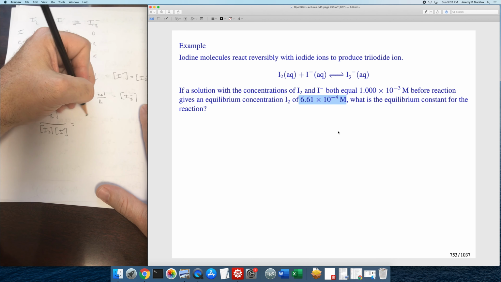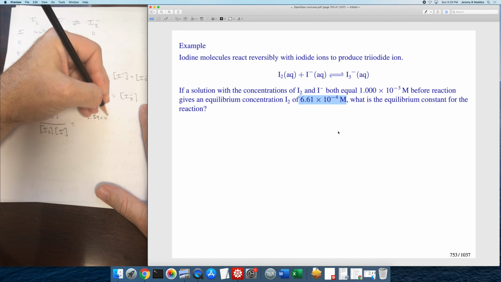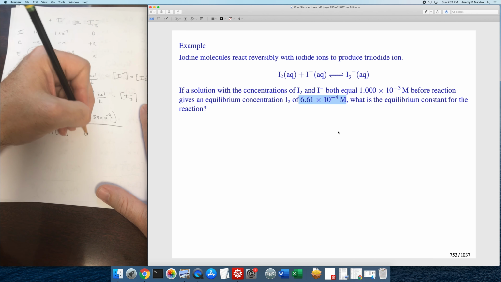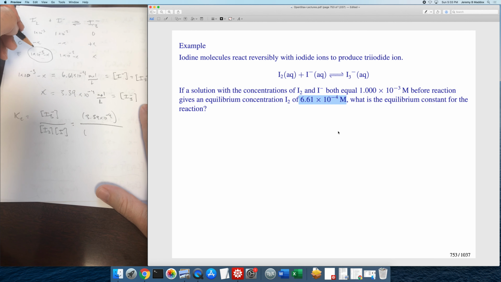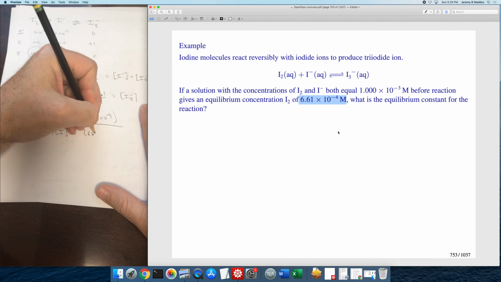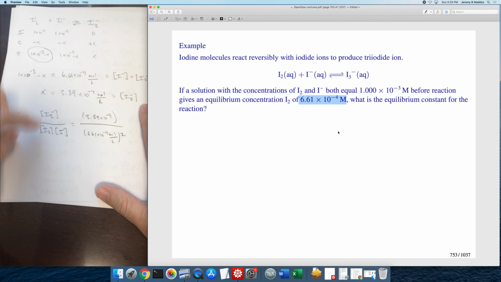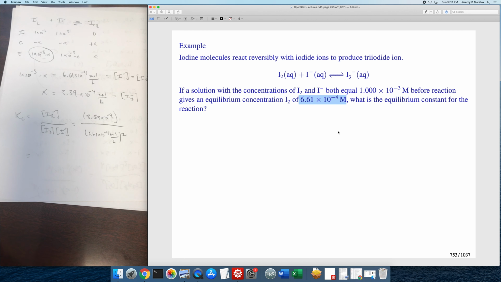So it's going to be the 3.39 times 10 to the minus 4 in the numerator divided by 6.61 times 10 to the minus 4 moles per liter, and that's going to be squared because each of these numbers are the same. So I'm getting 776 for the equilibrium constant.